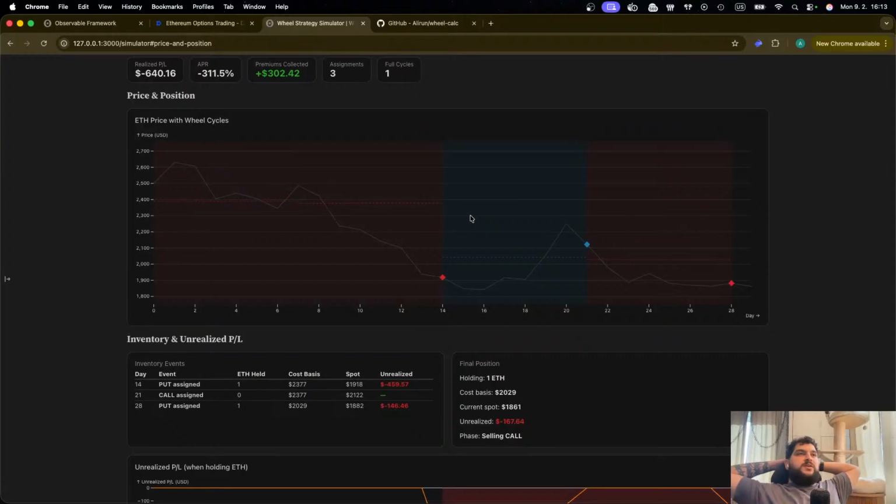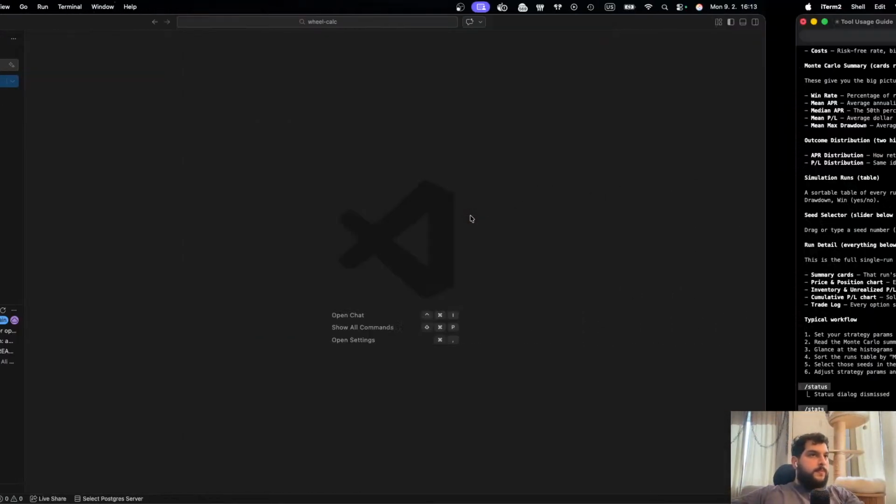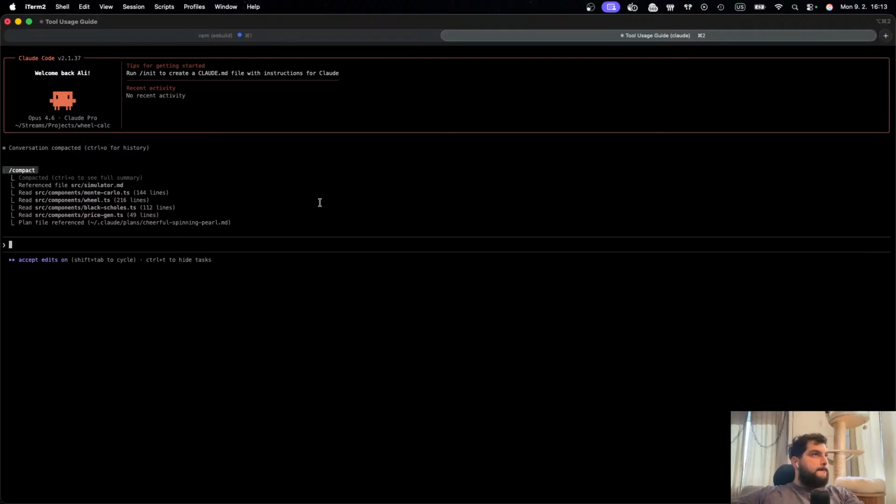So one of the options, of course, is to basically just pick a strike price that's above your purchase price. Maybe it can offer us something.